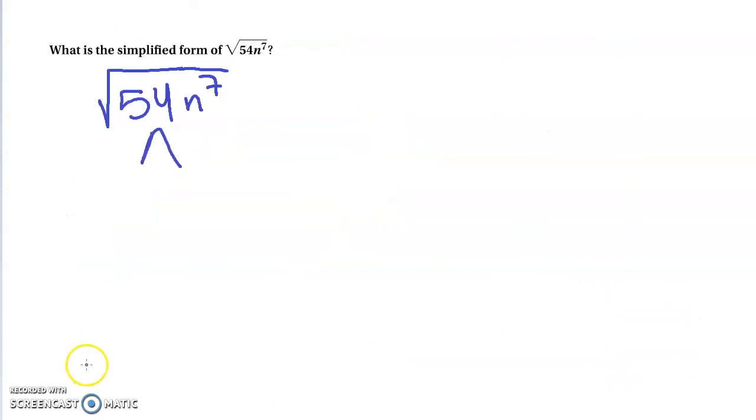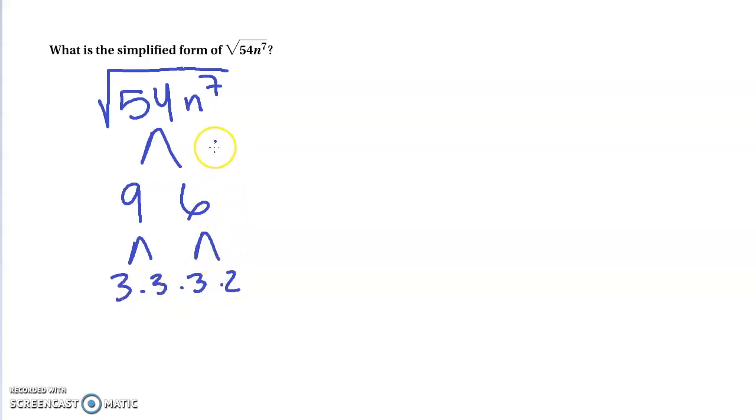In the case of the simplified form of the square root of 54n to the 7th power, what we can do is use our factor tree to figure out the factors of 54. I could say this is the same thing as 9 times 6, which is the same thing as 3 times 3 times 3 times 2. n to the power of 7 stays n to the power of 7.